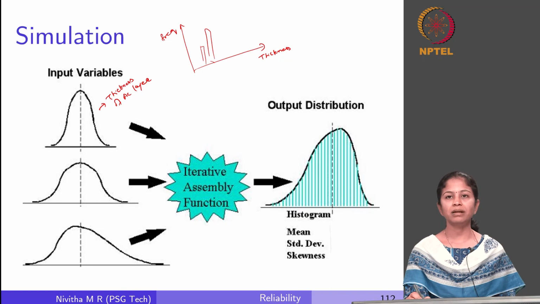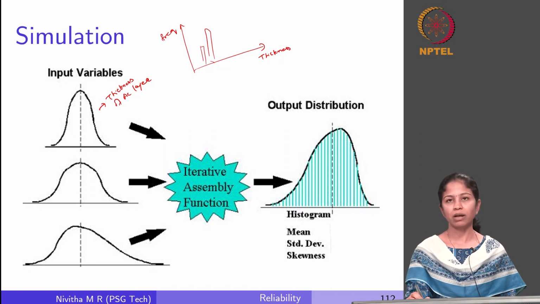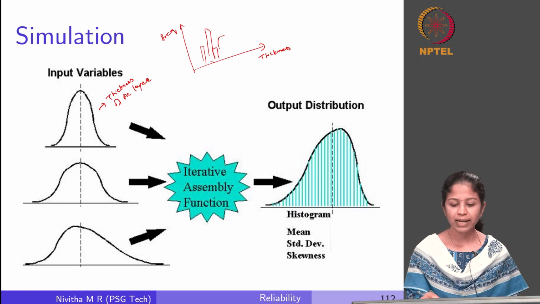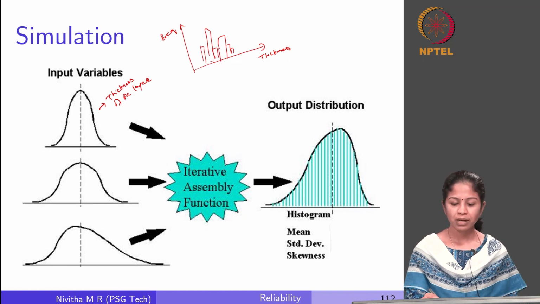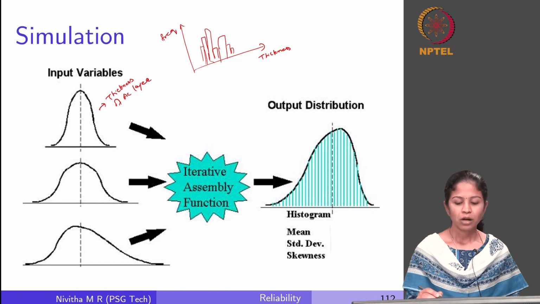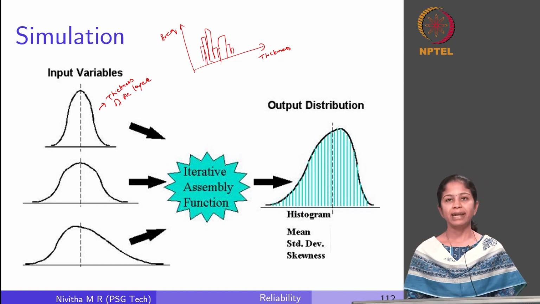thickness. We had seen similar plots in the first lecture on reliability, wherein we were talking about the variation. So, I get different values like this. Let me just draw one more bar here. To this I will be able to fit any distribution.